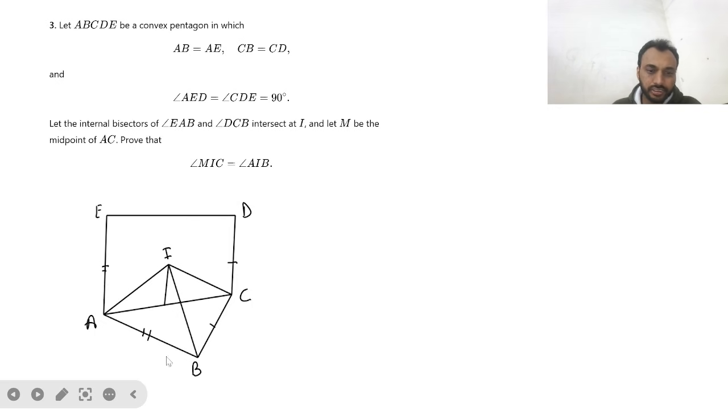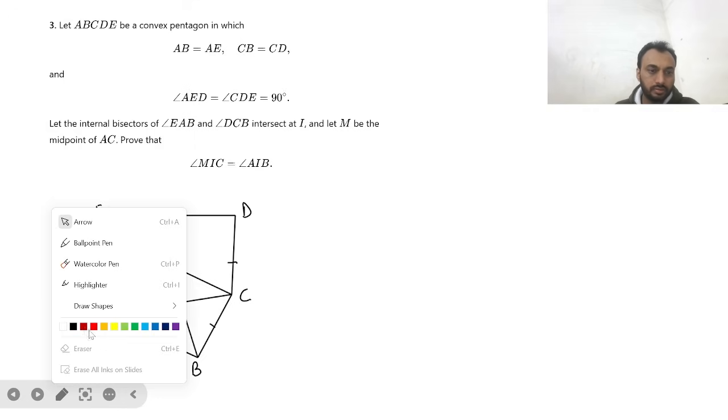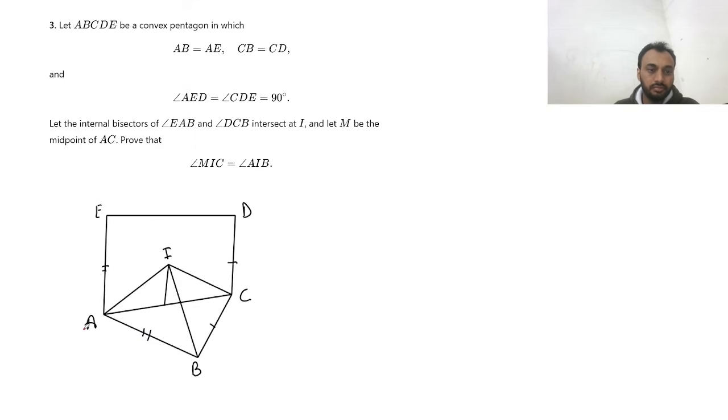Hi guys, so let's see question number 3 of RMO KV 2025. In this we are given a convex pentagon ABCDE such that AB is equal to AE and CB is equal to CD, and angle AED is 90, and angle CDE is also 90, and we have the angle bisectors of EAB and DCB, which intersect at I, and let M be the midpoint of AC.